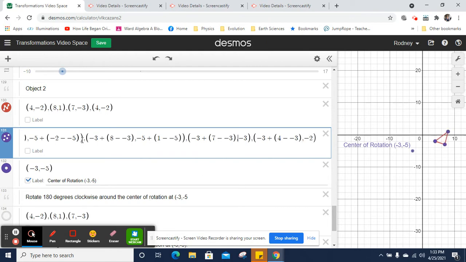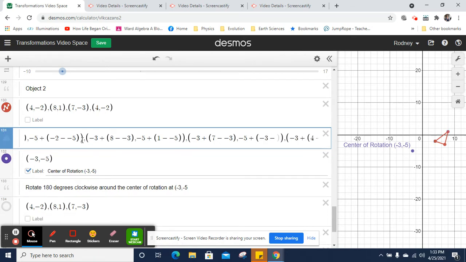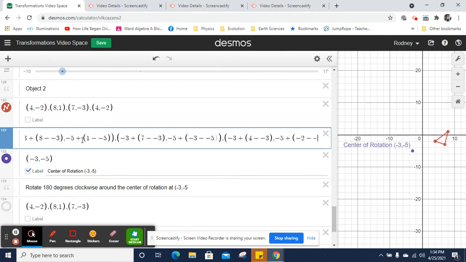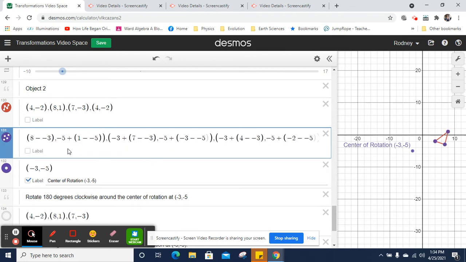Negative 5 plus negative 3 minus negative 5. And then over here, I will end up with this y being negative 5 plus negative 2 minus negative 5. And all of those points will be in the right place.